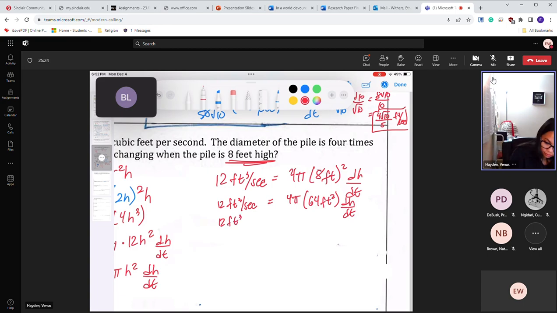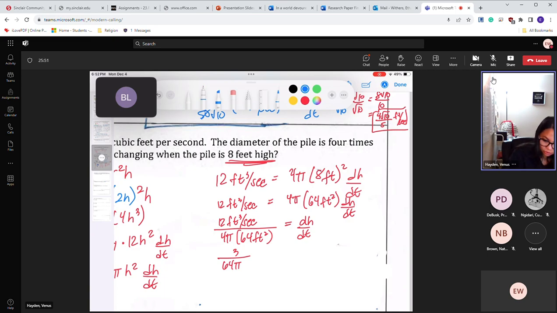That gives us 12 cubic feet per second divided by 4 pi times the 64 square feet is equal to dh/dt. Now all we need to do is simplify. 12 divided by 4 gives us a 3 in the numerator. So that gives us 3 over 64 pi.